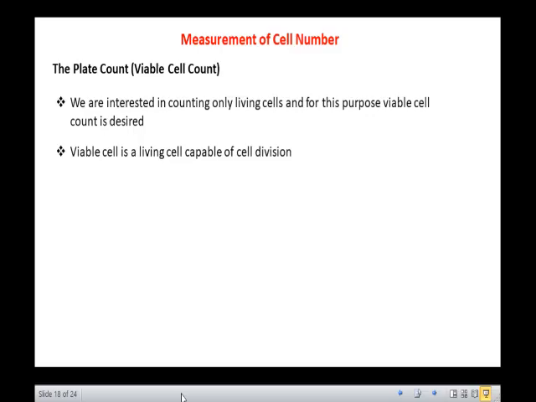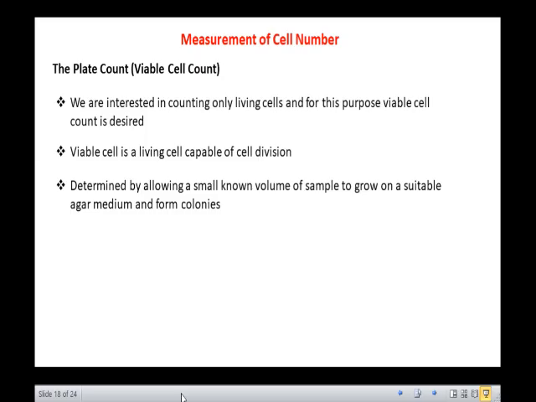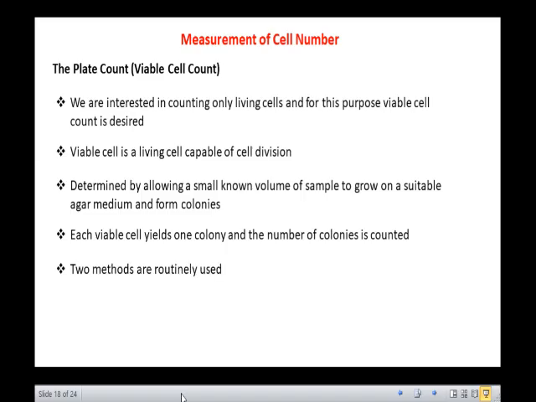The viable count can be determined by allowing a small volume of sample to grow on a suitable agar medium and form colonies. It is assumed that each viable cell yields one colony and the number of colonies is counted. There are two methods which are routinely used for this purpose: pour plate method and spread plate method.